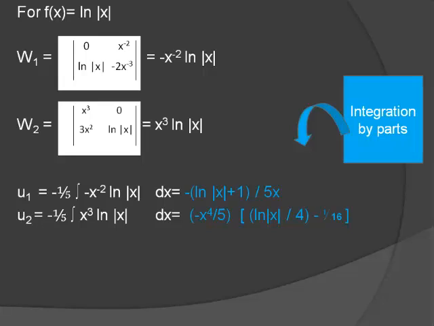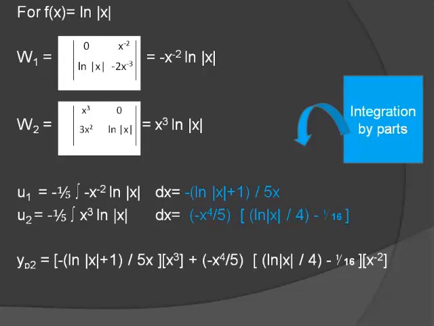So we can get these answers using integration by parts. So for our u1, we have negative ln of x plus 1 over 5x, and for our u2, we have negative x to the 4 over 5 times ln of x over 4 minus 1 over 16.